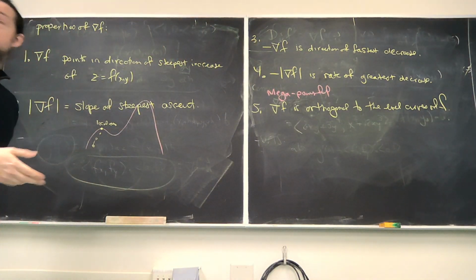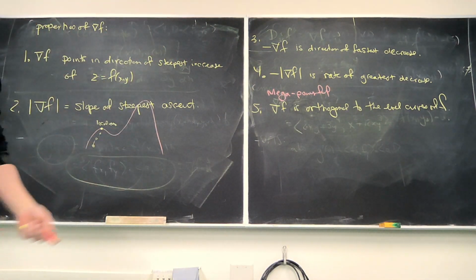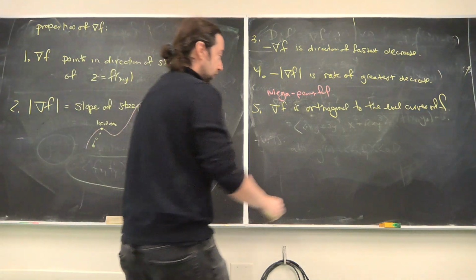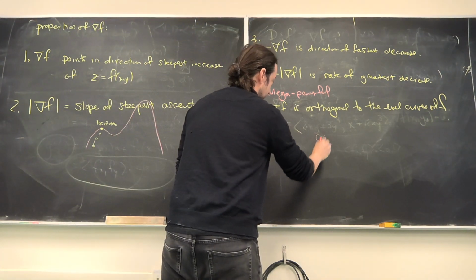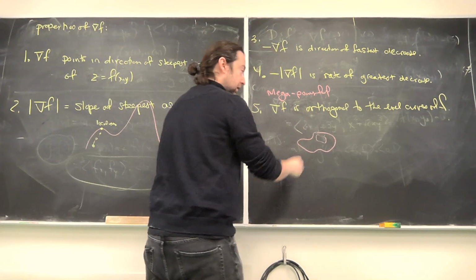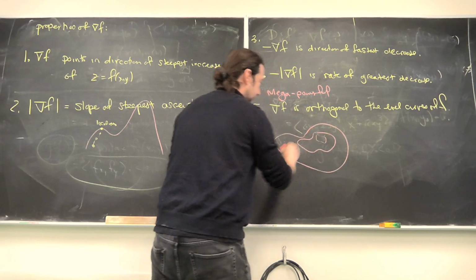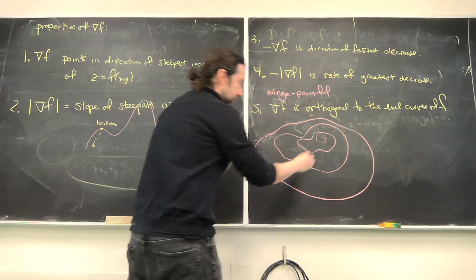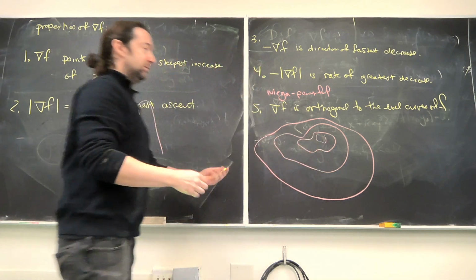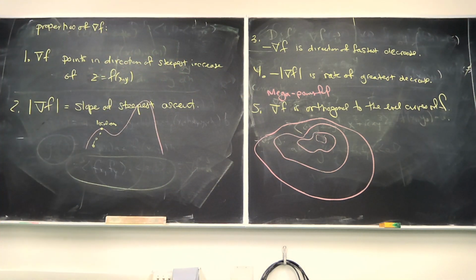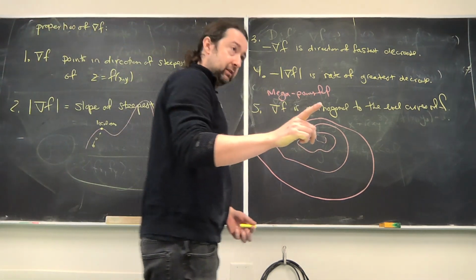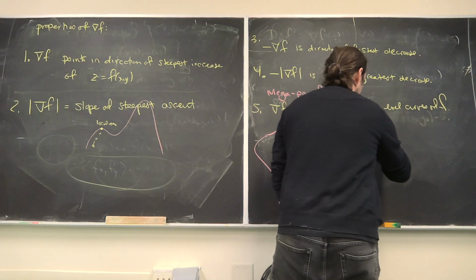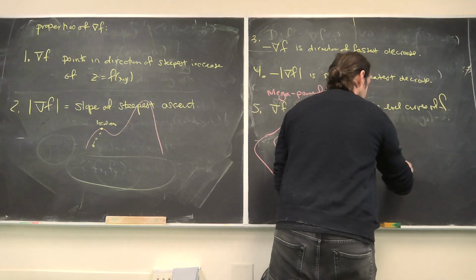So what I mean by that is, if I gave you a topographic map of a mountain, say, so there's the top of the mountain, and there's the next layer of altitudes, and the next layer of altitudes, and the next. Okay. So these are places of constant height. So these are places where z is equal to c, constant height.